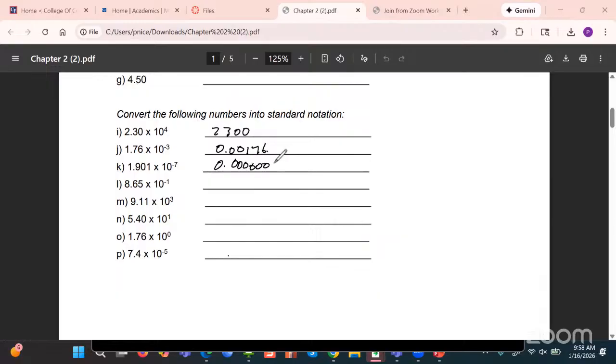And then 1901. Okay, yeah, that sounds about right. Okay, what about L? 0.865.